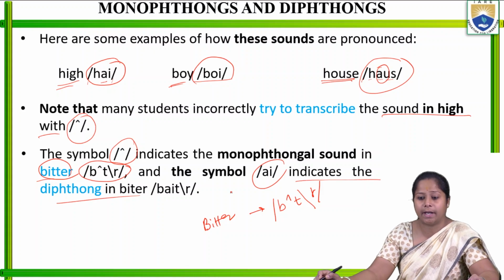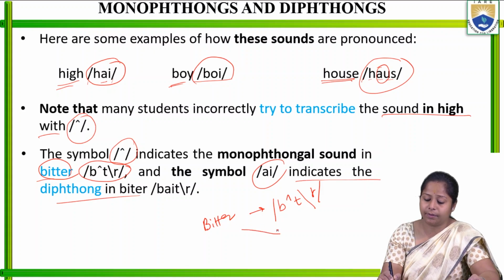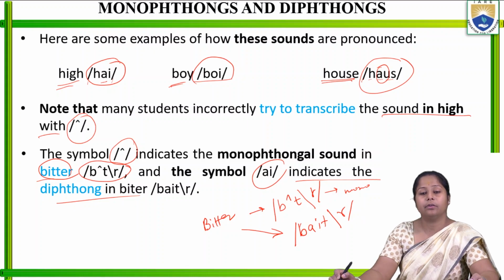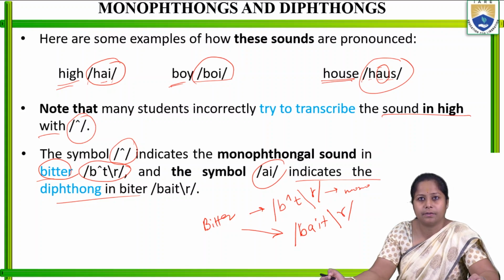Whenever we need to write, we change it in a way that makes it a monophthong. And whenever we write BAIT, that is replaced by AI. That is the way the user or speaker can differentiate between these two types of sound.